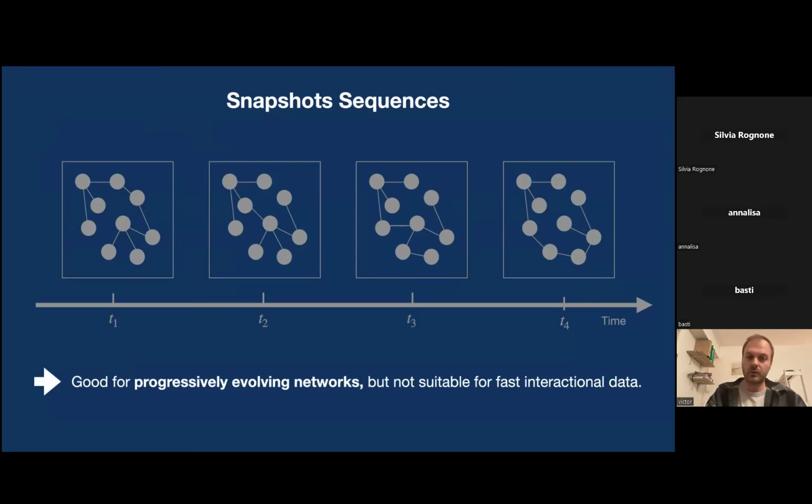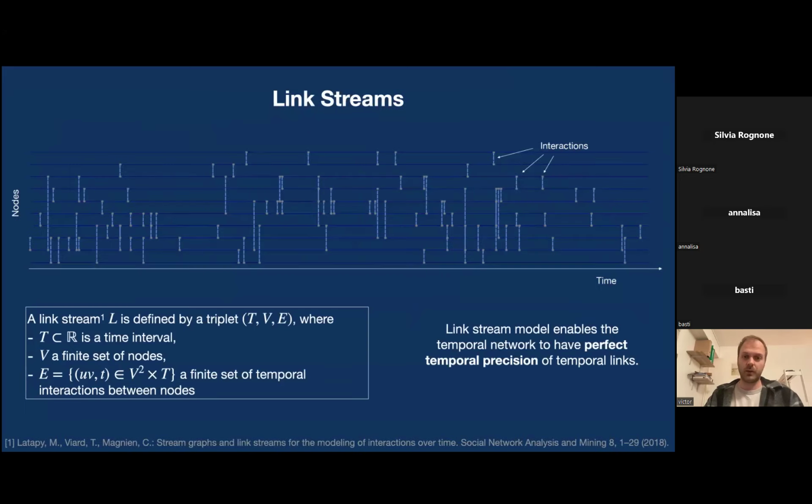You can just take a sequence of static networks and work with that, and there is a lot of literature about how to treat this kind of modelization, but it is not very suitable if you have fast interactional data. For example, if you want to be very precise about when an event occurs, an event being an interaction between node U and V. So we prefer to talk about link streams.